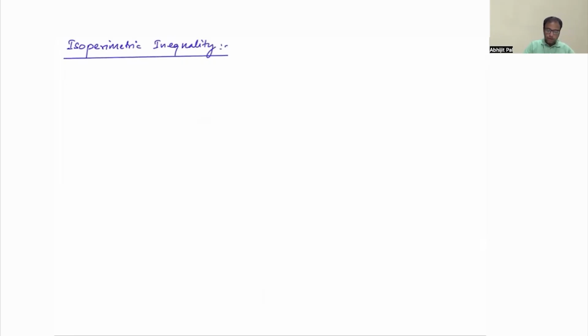Let us first give you the statement of this isoperimetric inequality. Then I'll explain all the things in detail. So let gamma be a simple closed curve in R2.